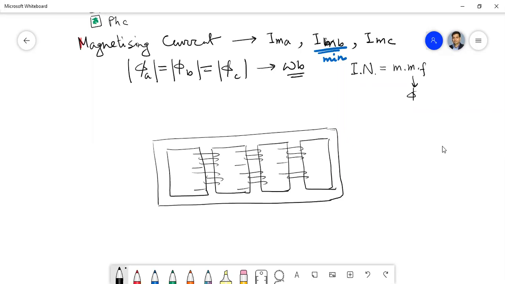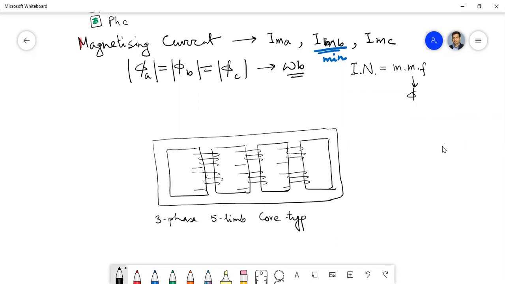This structure is also used for some cases. These are called three-phase 5-limb, but this is also a core type transformer. Remember, this is not shell type.